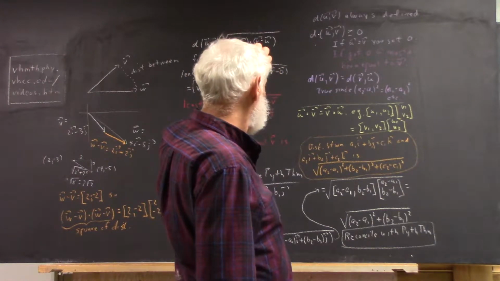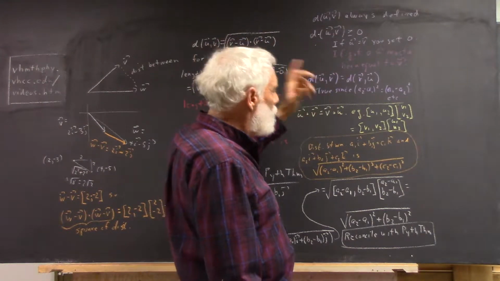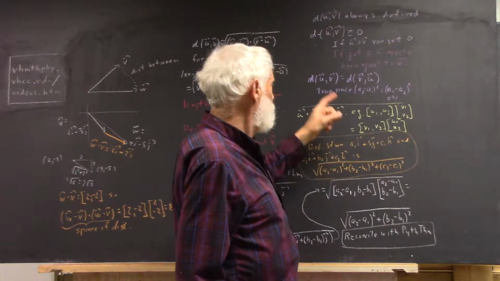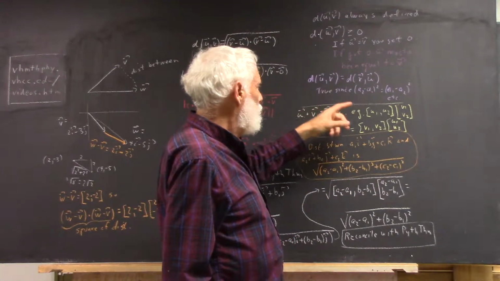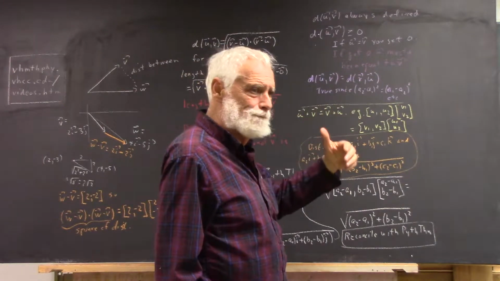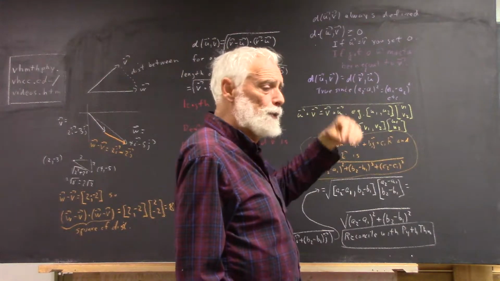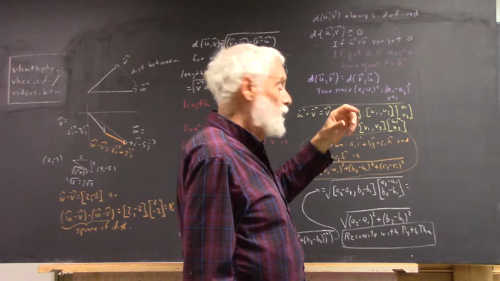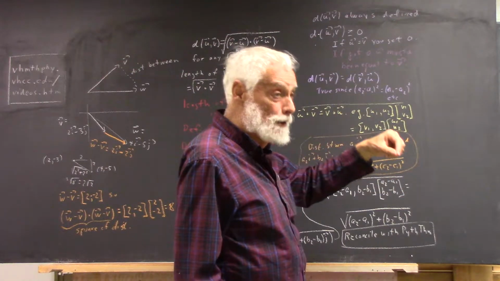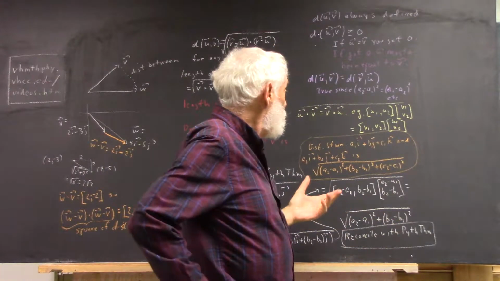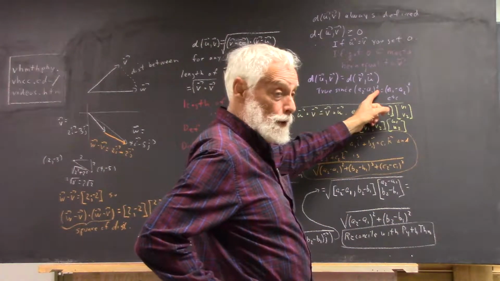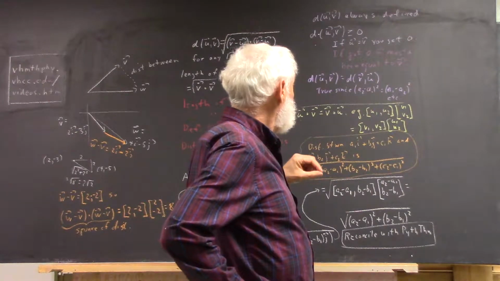Well, we can see it pretty directly. If, for example, in R2, the vector U is A1 i plus B1 j and V is A2 i plus B2 j, then you would have things under your square root like (A2 minus A1) squared.